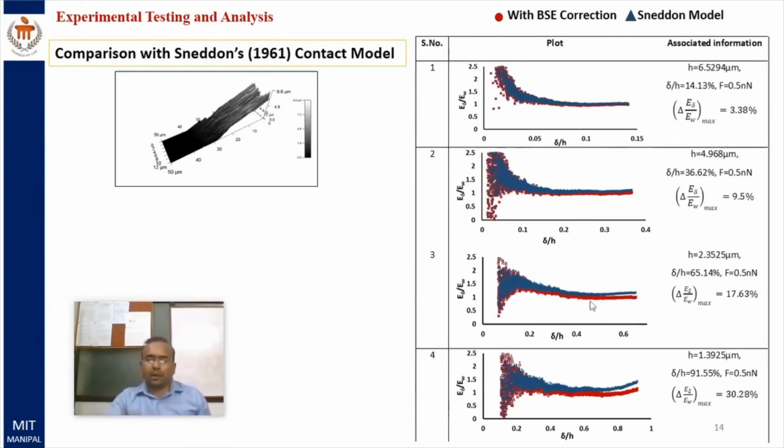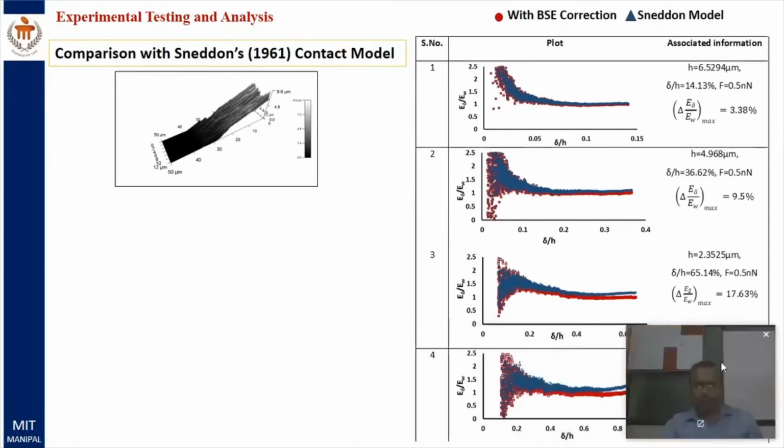About the BSC corrected properties, we can say that up to a delta by H of 0.75, the equation has attempted to put the values along the straight line.